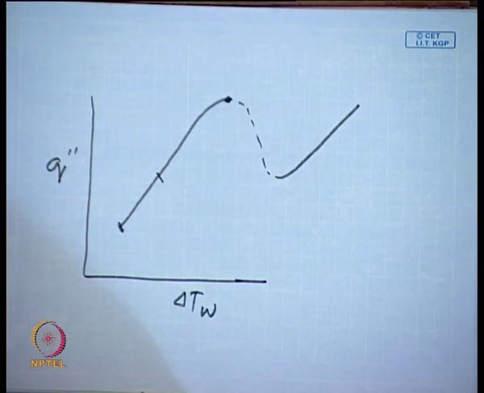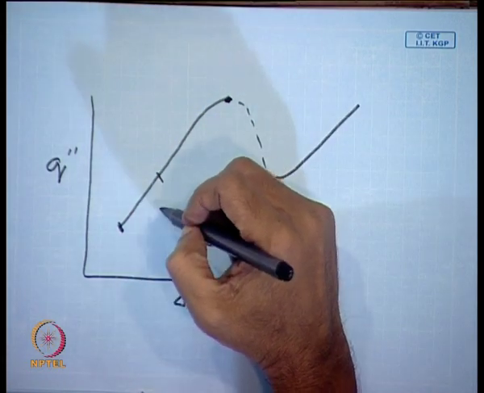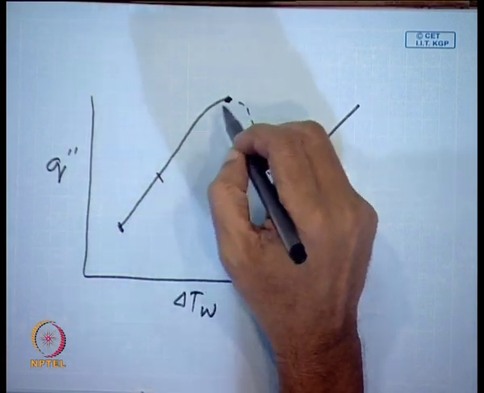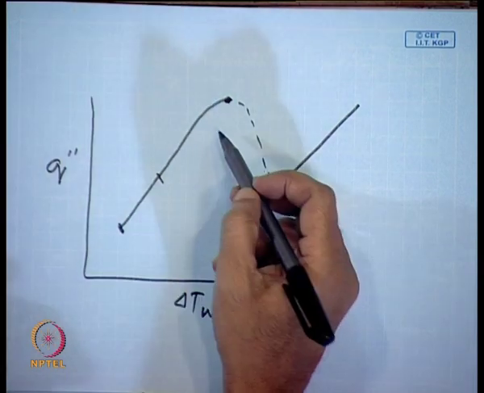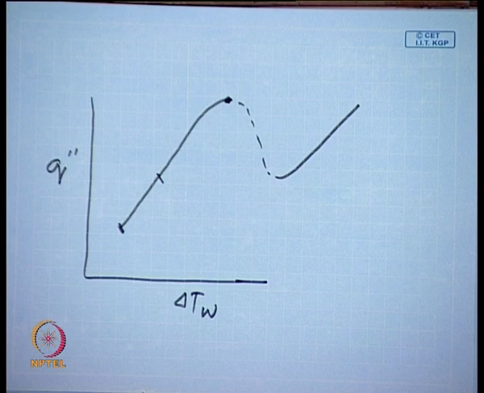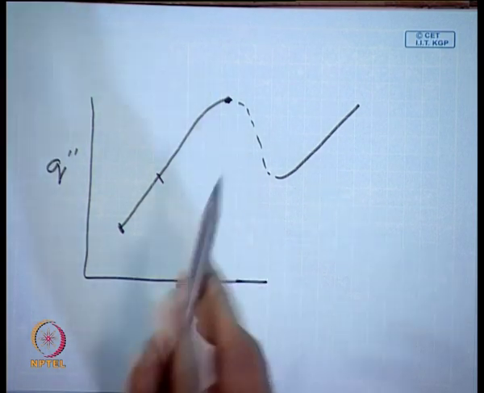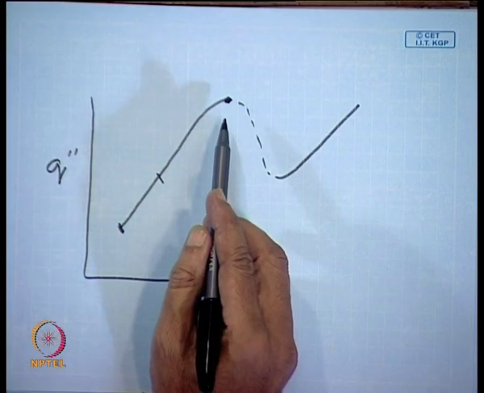This is the critical heat flux point, or maximum heat flux point. It is very important because in most industrial situations we operate only in the nucleate boiling regime. In the nucleate boiling regime, we have to know where to terminate, and we have to terminate at the critical heat flux. The maximum heat flux to which your boiling system can be subjected is the critical heat flux.